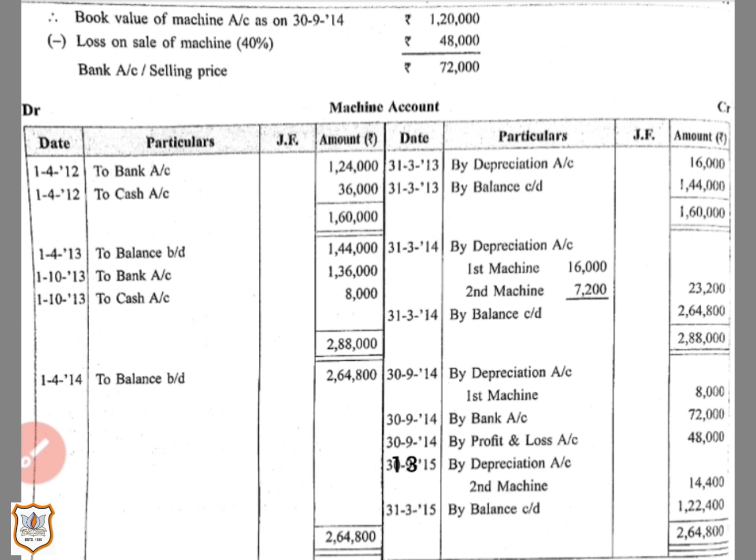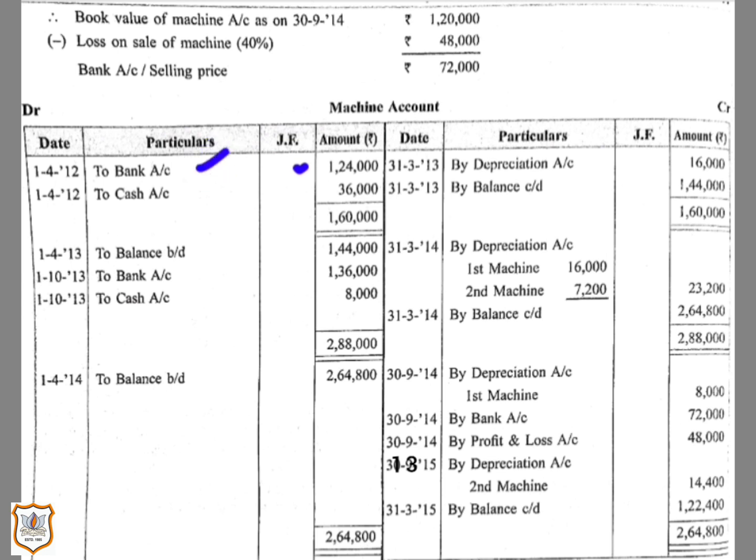So let's start with the first accounting year, that begins from 1st April 2012 and ends on 31st March 2013. In this year, as we have purchased the machine at rupees 1,24,000, 1,24,000 will be recorded on the debit side of the machine account, and in the particular column we will write to bank account.